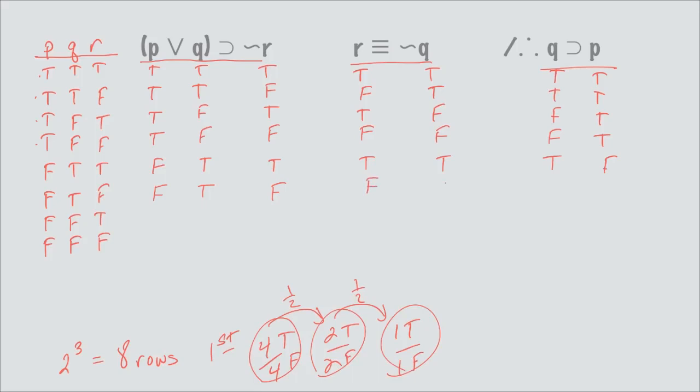And P is false, Q is false, R is true. And the final row, everything's false. So false, false, false, false all the way across.